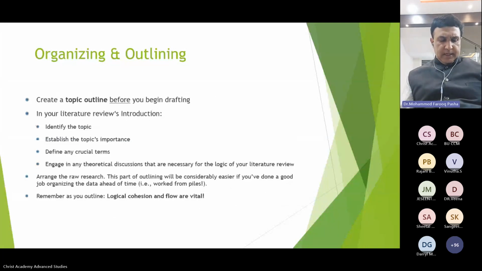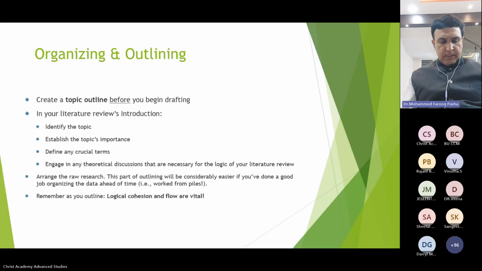Then create a topic outline before you begin drafting. In your literature review introduction, identify the topic. The next slide. Establish the topic's importance. Define any crucial terms. Engage in any theoretical discussion that is necessary for the logic of your literature review. Then arrange the raw research. This part of the outline will be considerably easier if you have done a good job organizing the data ahead of time.